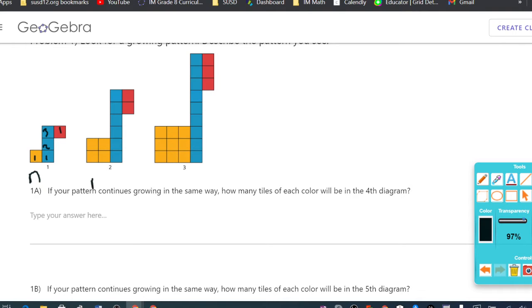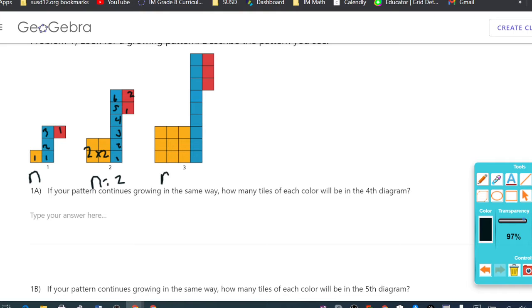And then when n equals 2, we have 2 times 2 of these yellow squares, and we have 1, 2, 3, 4, 5, 6 of the blue squares. So that got doubled. And then 1, 2 of the red squares. So red was plus 1 more.